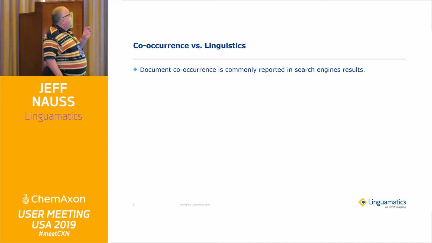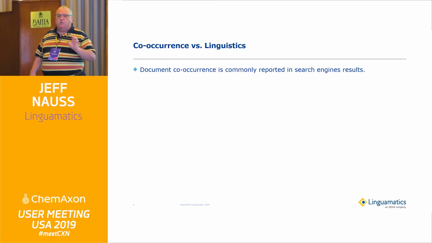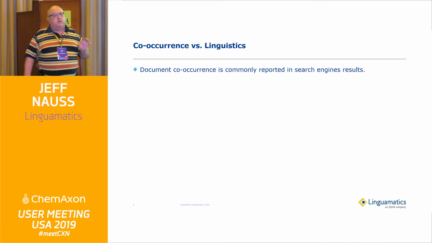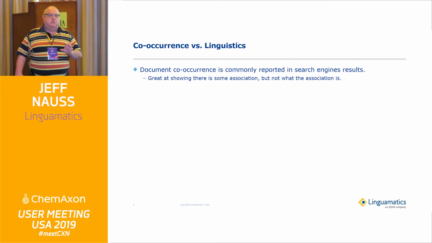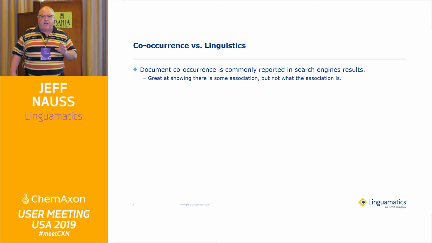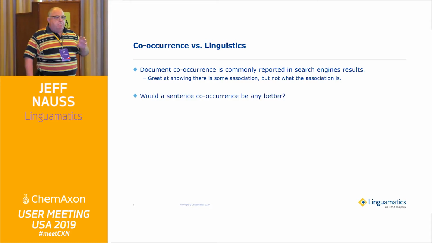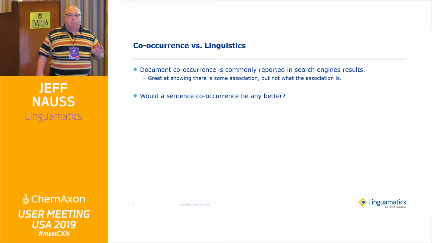And that's the thing with these document co-occurrences: they're great at finding very easily that there's an association between the keywords within the documents, but not so good at determining what the relationship is. What exactly is linking these two different keywords? Maybe a sentence co-occurrence is going to help.